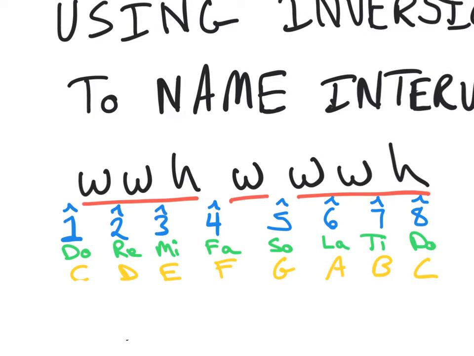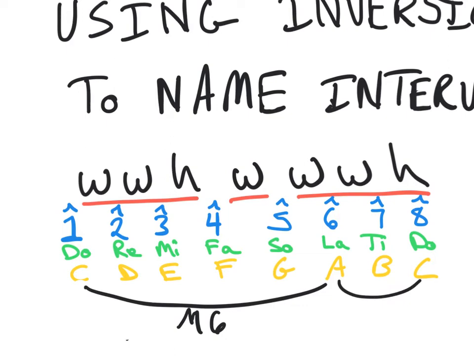But let's also look at C up to A. Well, that's a major sixth. So what is A up to C going to be? A minor third, because 6 plus 3 equals 9. And the inversion of a major interval will be a minor interval.